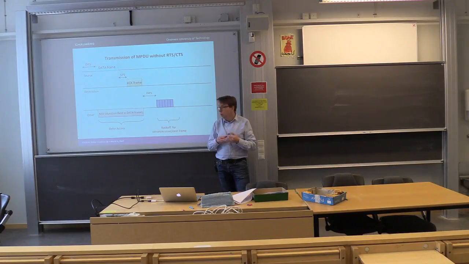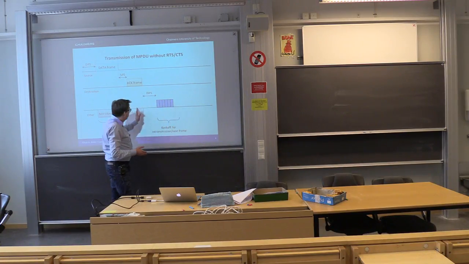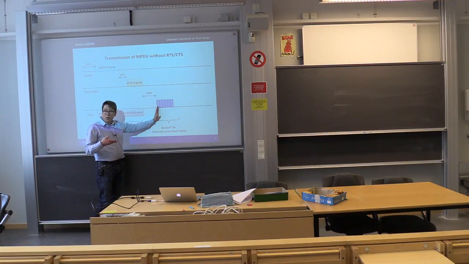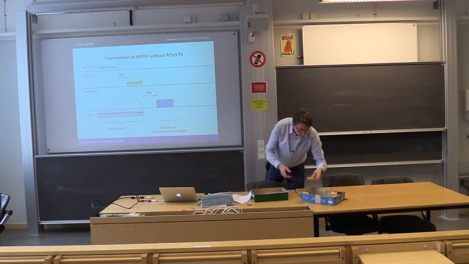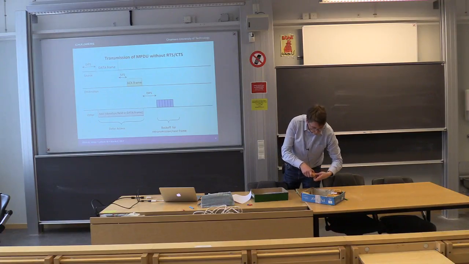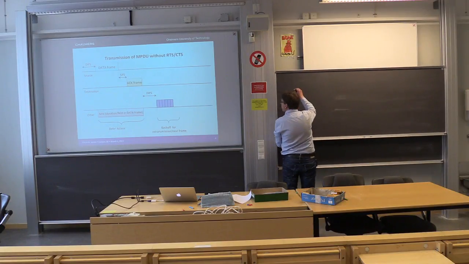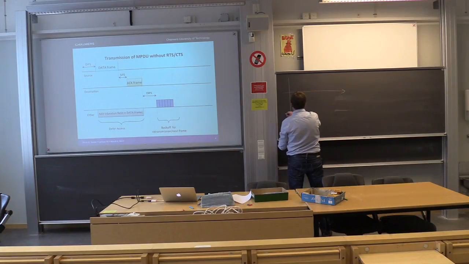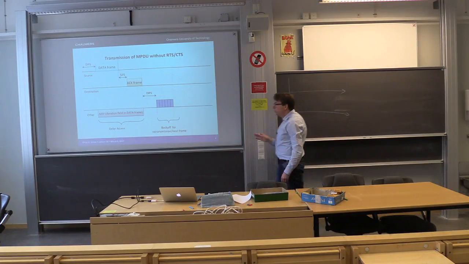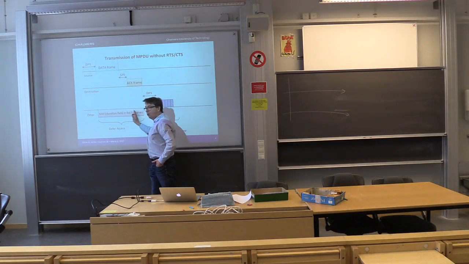Okay. So let me just stress here. At this moment in time, several stations might have frames to transmit. All of them have individual back-off counters, and they all start to count down. So suppose we have two stations that became ready during this time.